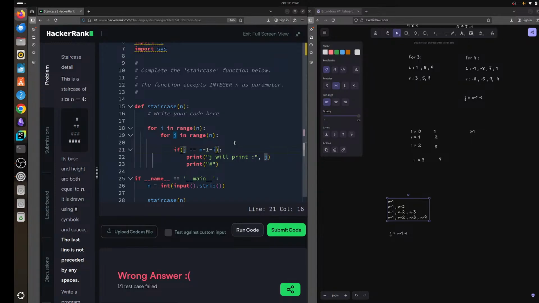That is also the case. So see, it is printing one time, right? Before that, it will print the spaces.